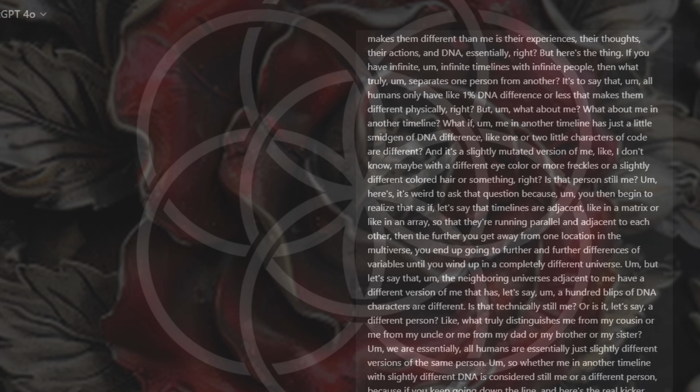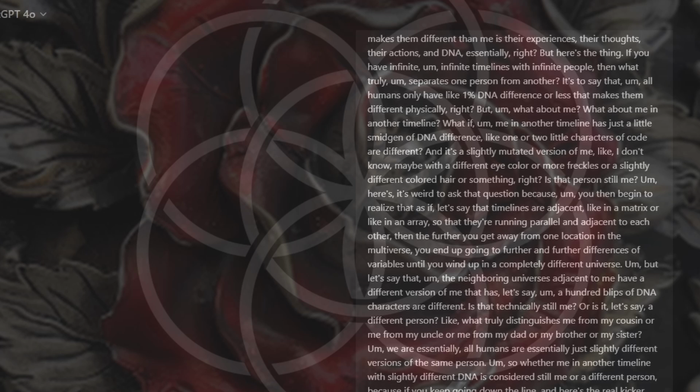But here's the thing. If you have infinite timelines with infinite people, then what truly separates one person from another? All humans only have like 1% DNA differences or much less that makes them different physically, right? But what about me? What about me in another timeline?